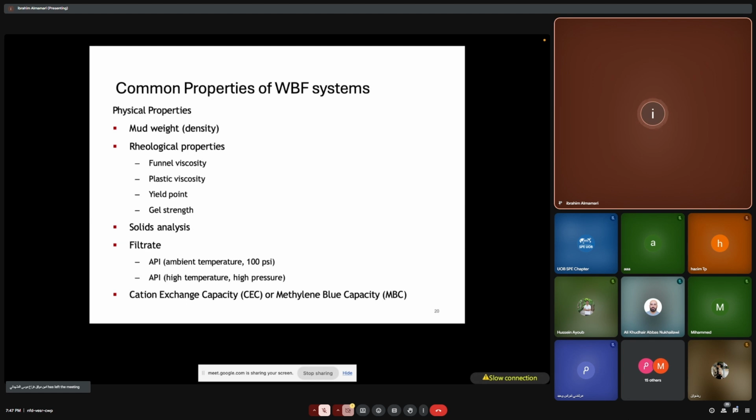But if you want to get the correct data, it has to go through the fluids engineer. He will get you the plastic viscosity, yield point, and gel strength using equipment called a viscometer. This is plastic viscosity, yield point.